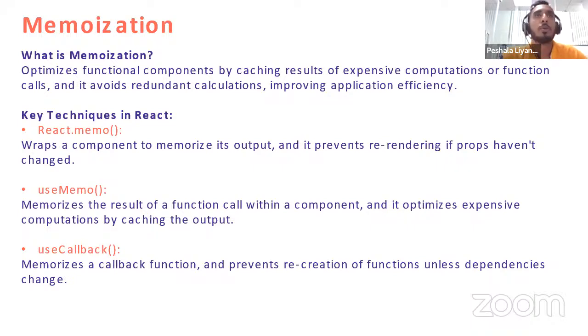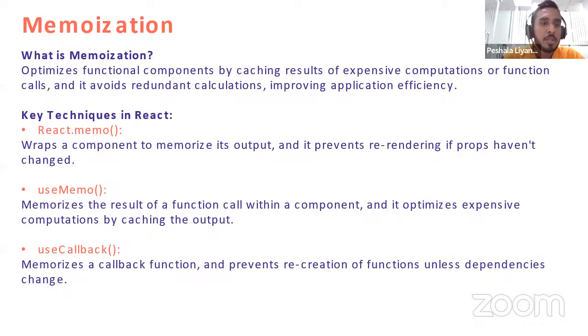Memoization. So what is memoization? If someone needs to do memoization in your app, there are three key techniques that you have to use. I'll go through each and every point. Basically, what this does is optimize the functional components by caching the result.